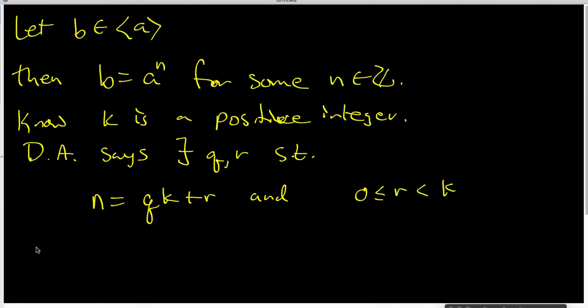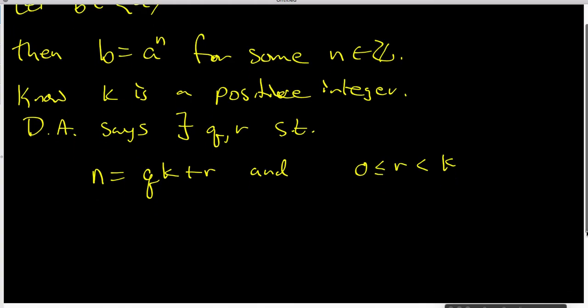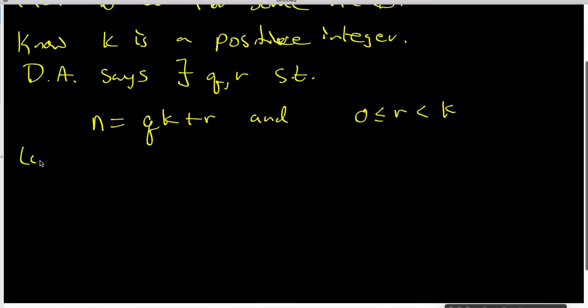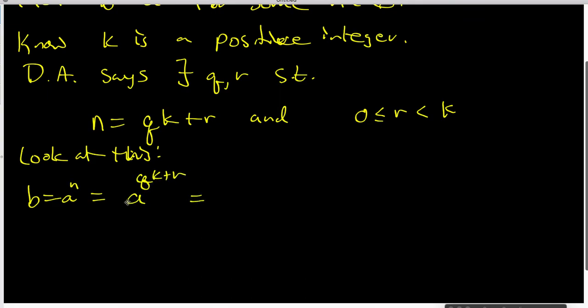Now, I'm going to use this fact to rewrite B in a way that is useful. So look at this. B is equal to a to the n, and a to the n is a to the qk plus r, but exponent rules say that that's going to be a to the qk times a to the r.